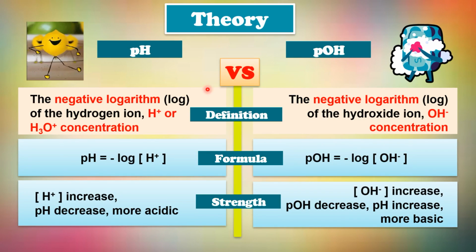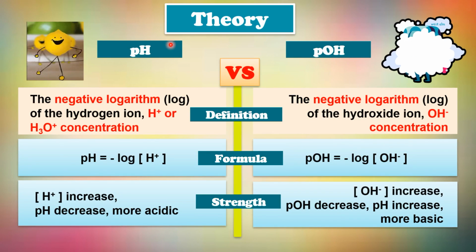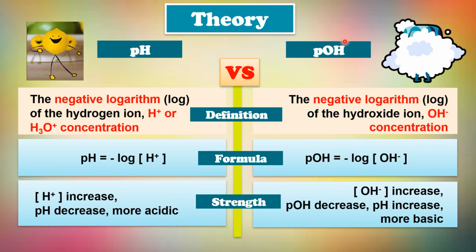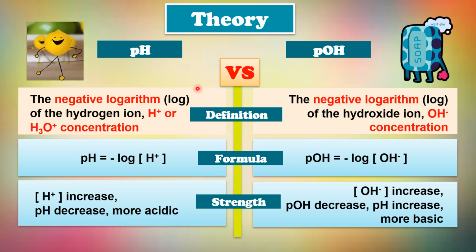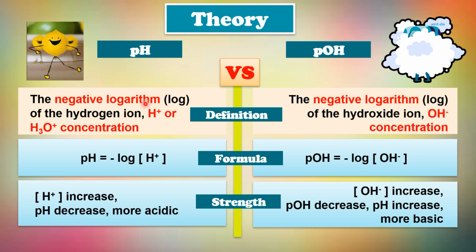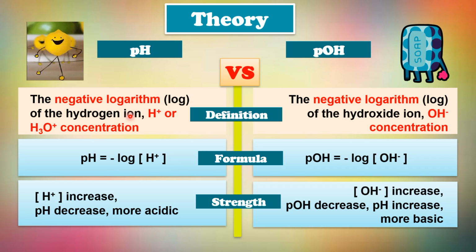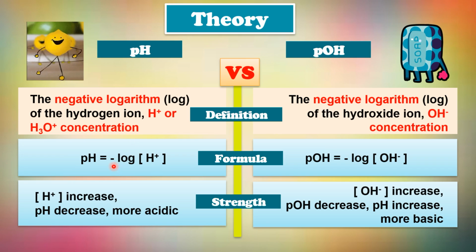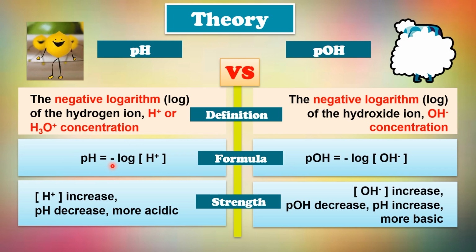But before that, we take a look at the theory. The difference between pH and pOH. pH can be defined as the negative logarithm, log, of the hydrogen ion, H plus, or H3O plus concentration. So the pH formula is pH equals negative log concentration H plus.